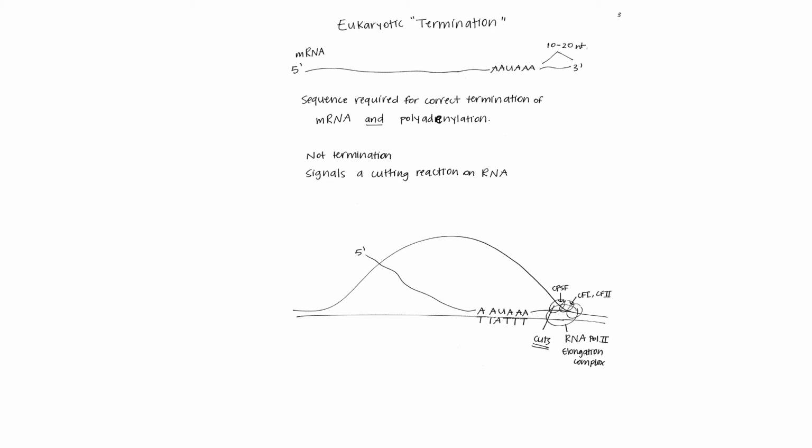So these transcripts, as presented, particularly this one here with the 5' and 3' end, are not capable of being used as a messenger RNA, because the transcripts need to undergo a few modifications to make it a mature message.